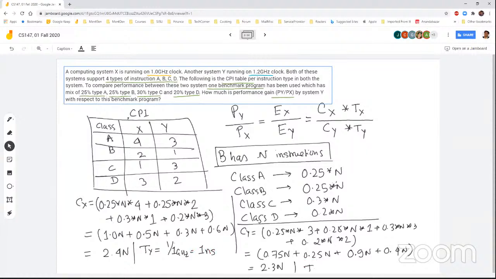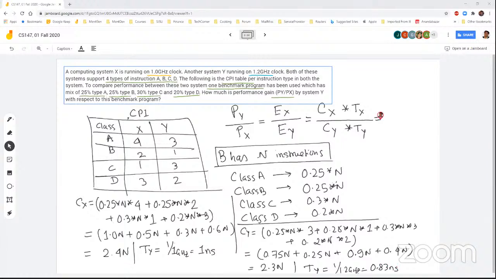And TY is given as 1.2 gigahertz, so 1 by 1.2 gigahertz, which, if we just use a calculator, 1 by 1.2, is approximately 0.83 nanosecond.